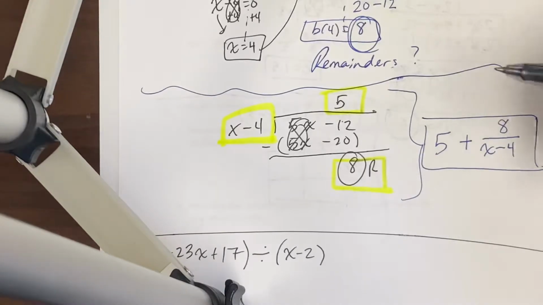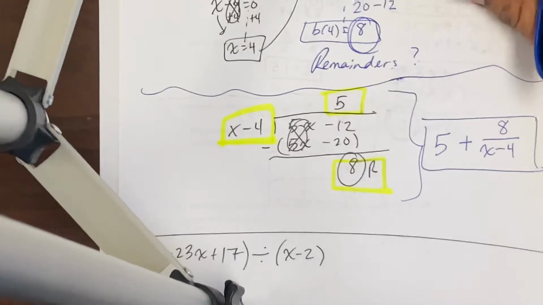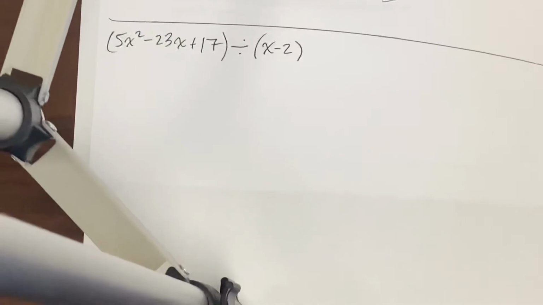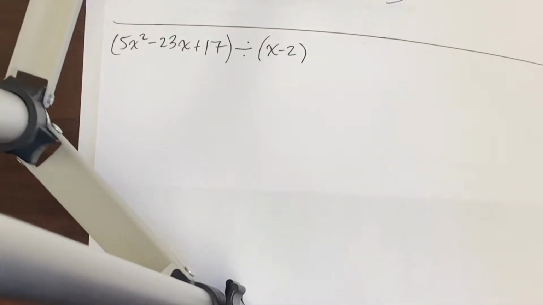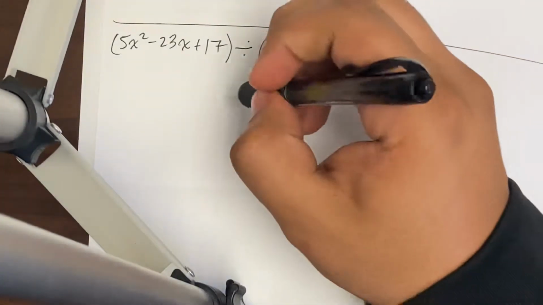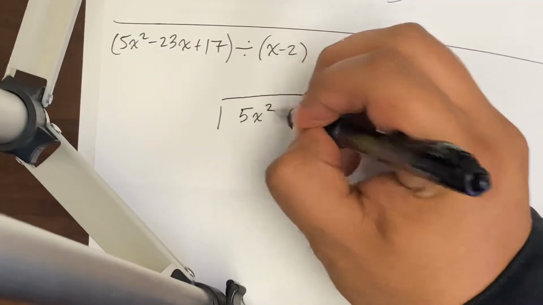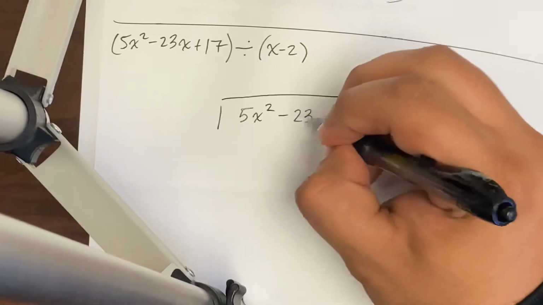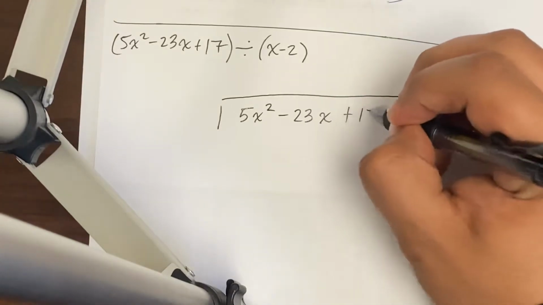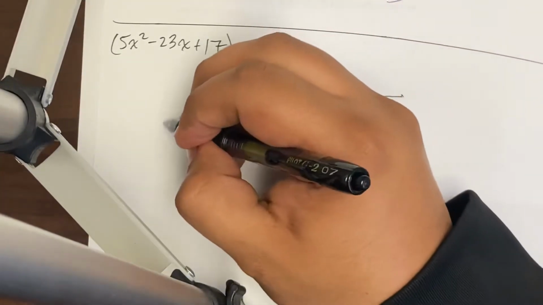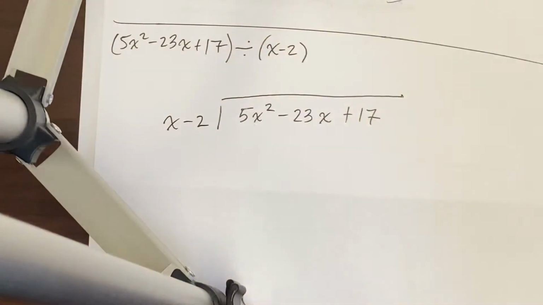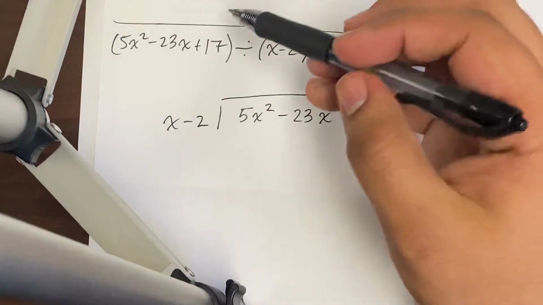Okay, let's do the second one. Take a minute to internalize. Okay, let's do the second one. So we've got to do long division. Can't escape it. 5x to the power 2 minus 23x plus 17 divided by x minus 2. Let's do it.